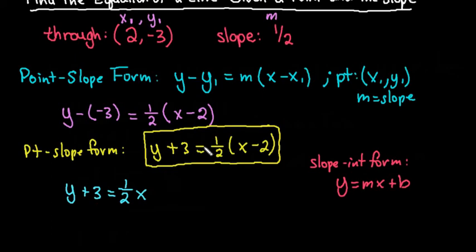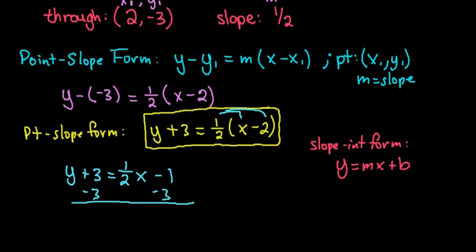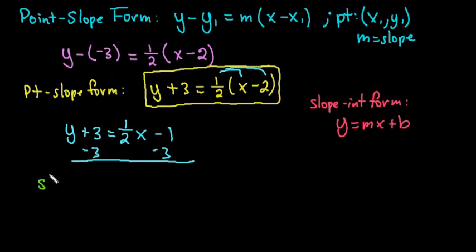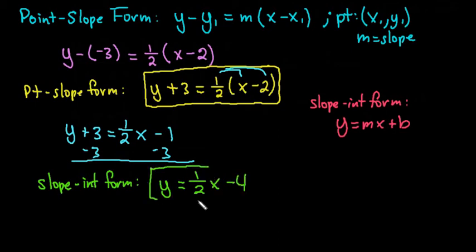If I distribute this in, 1/2 times -2 gives us -1, because 2 divided by 2 is 1. And then we would simply subtract 3 from both sides. So when we do that, if it asks for slope-intercept form, we would end up with y equals 1/2 x minus 4. So this would be our final answer if it asked for slope-intercept form.